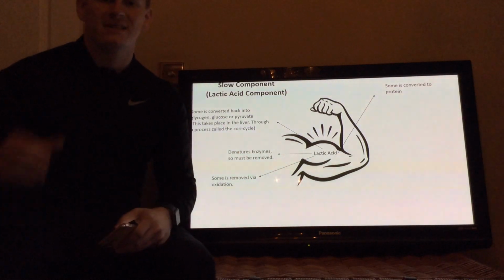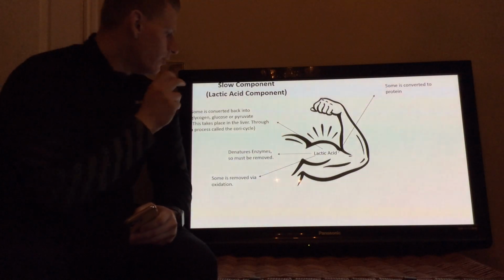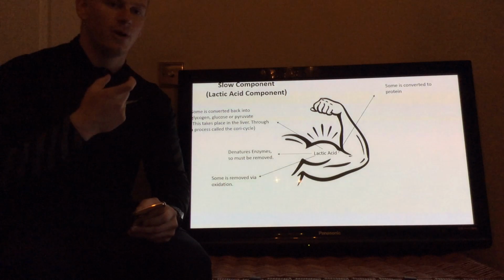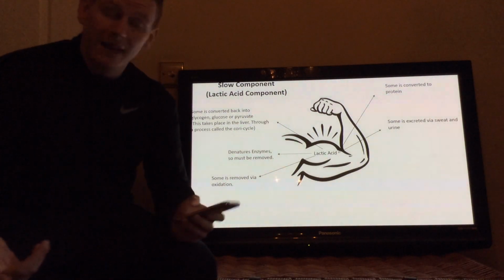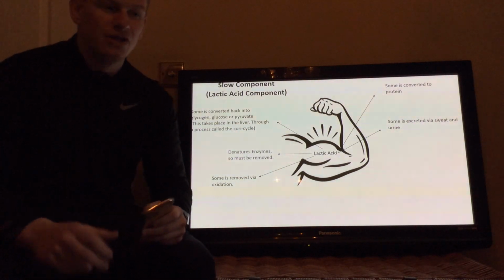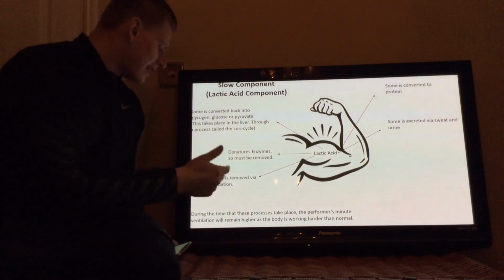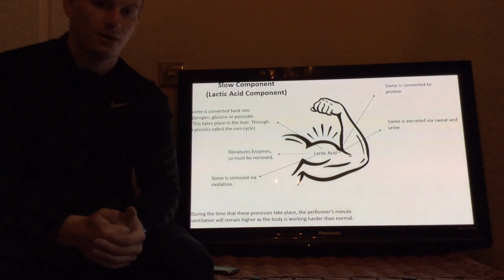Some is sent back to the liver for the Cori cycle to take place, where lactic acid is converted back into pyruvate, glycogen and glucose. Then, some can be excreted via sweat and urine. And you need to remember during all this time, you are going to have an increased oxygen consumption.